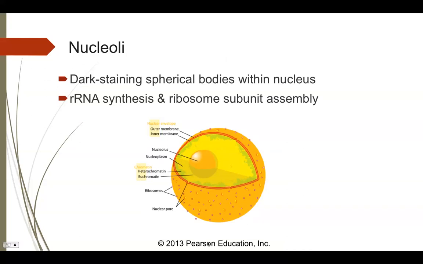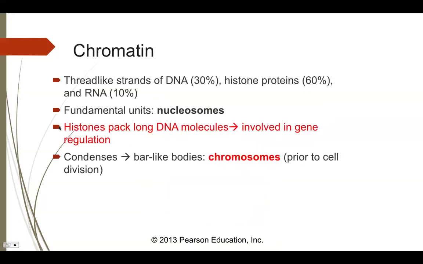Nucleoli. That's plural for nucleolus. This is a little dark staining spherical body within the nucleus, and it actually is active in ribosomal RNA synthesis and ribosome subunit assembly. Chromatin.